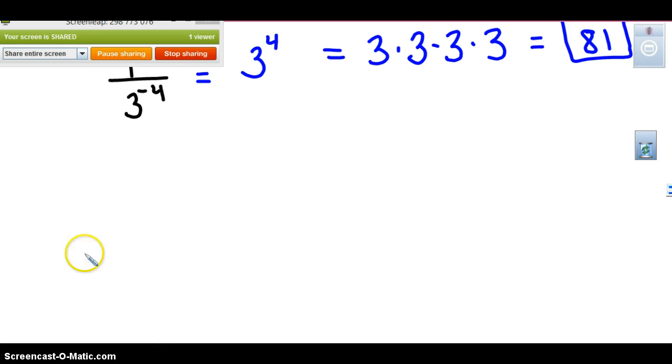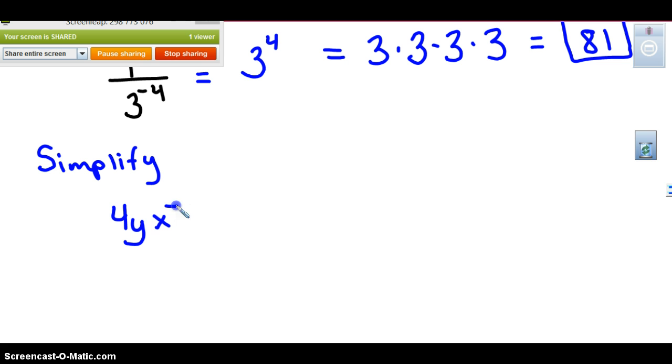Okay. So let's say we have to simplify 4y times x to the negative third power. If you look at this, the negative exponent belongs to x.